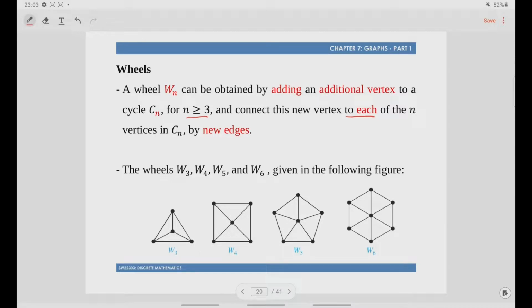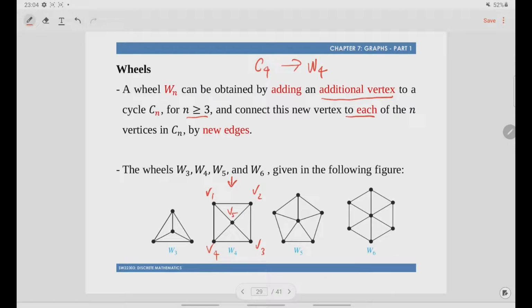Okay, so let me give you an example. Previously we have cycle C4. If you add a single additional vertex to it, it becomes the wheel W4. We have the original vertices V1, V2, V3, and V4. For the wheel W4, we have one additional vertex that we denote as V5.